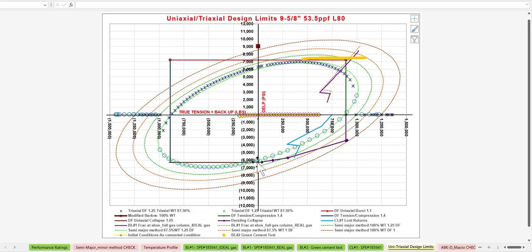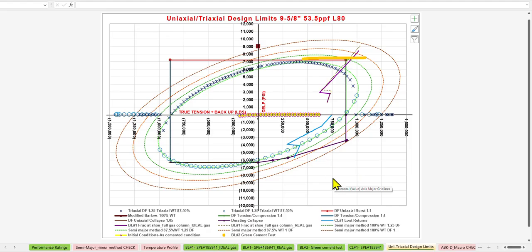So the lower part, as you know, is exactly the same triaxial collapse formula. So the bottom part is relevant, and also this part, because under compression, the uniaxial collapse is also relevant.